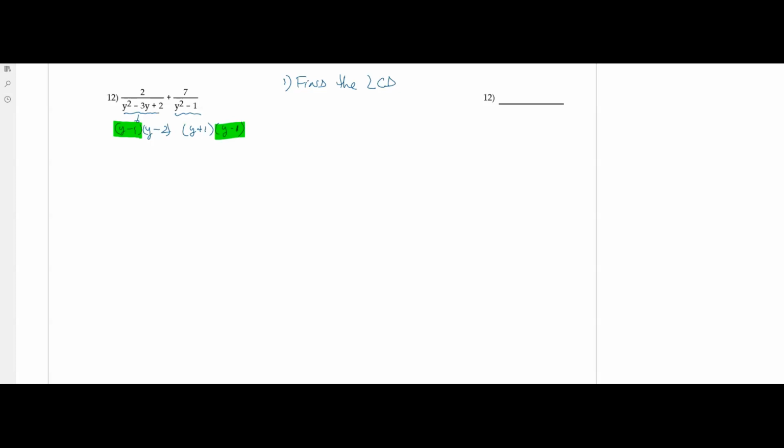So that's going to be part of my LCD, y minus 1. So that's what is in common. So I'm putting parentheses here, okay? And what is part of the LCD is whatever is left, which is the y minus 2 and the y plus 1.